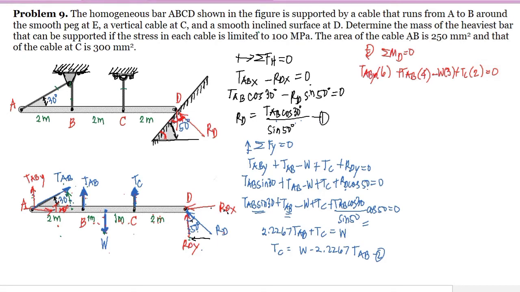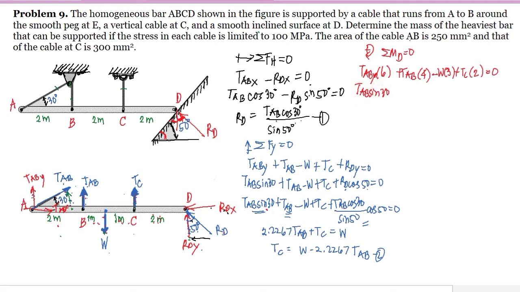Now, si TABY here is the opposite of the 30 degrees, so that's TAB sine 30. So we have TAB sine 30.